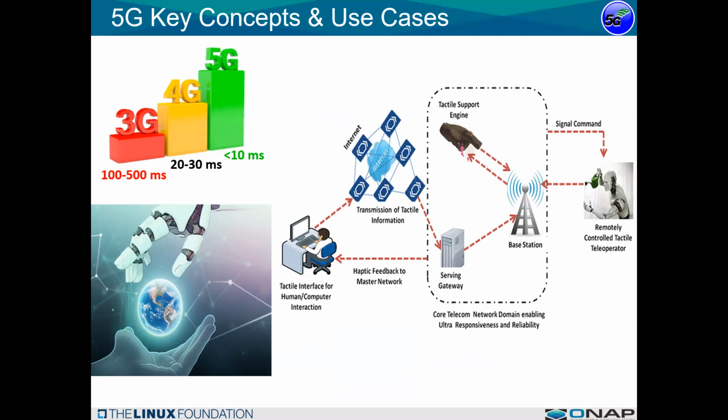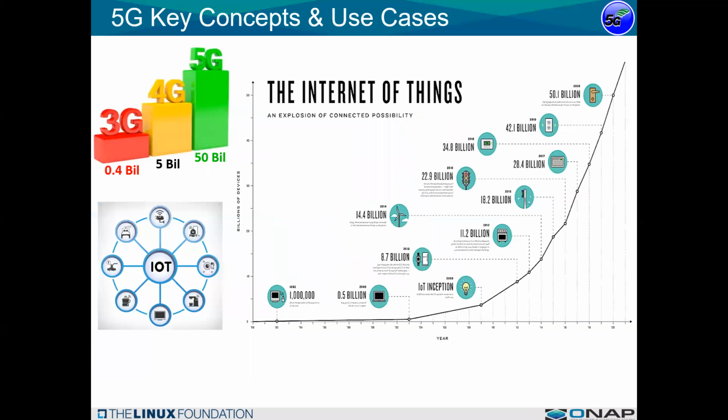And the sensors on the robot's hands send back information, which gives information back to the user in probably a glove that you would wear. So haptic feedback back to the human computer interface.